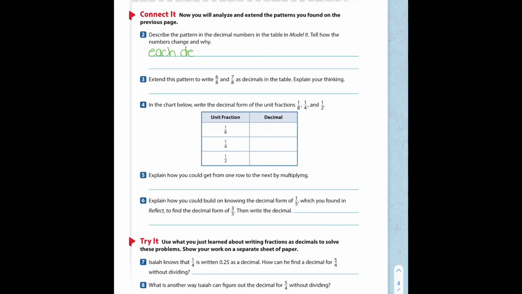So each decimal increases by 0.125. So it increases by an eighth each time because the fraction increases by an eighth.